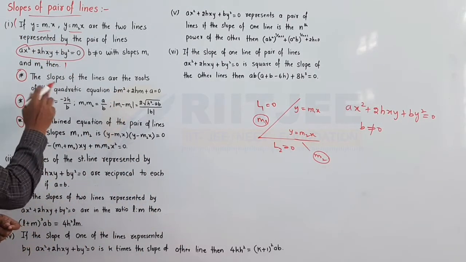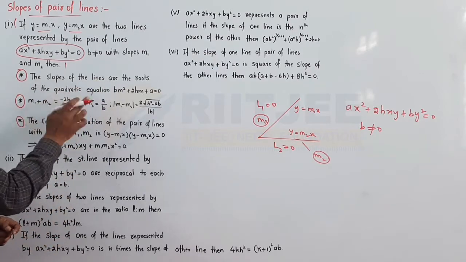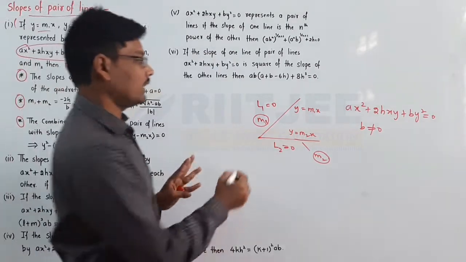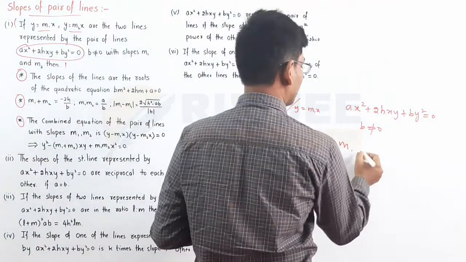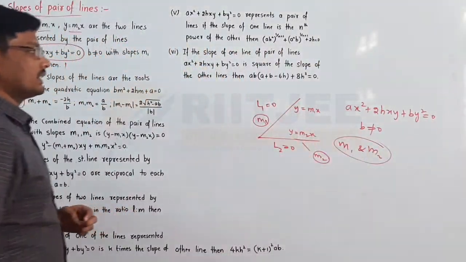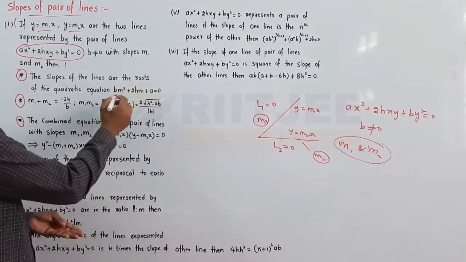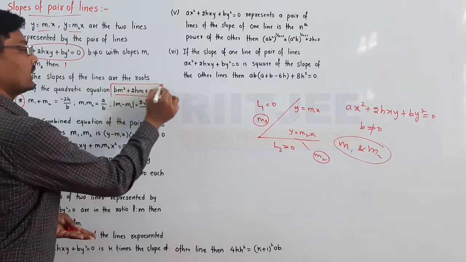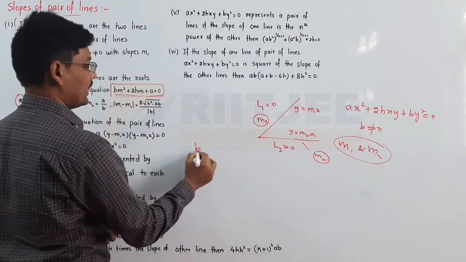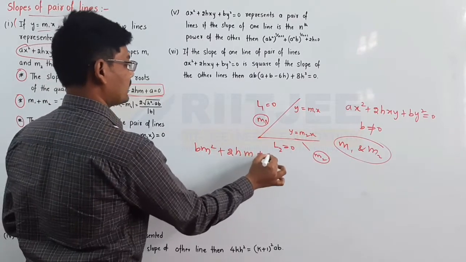The first point in that one is that the slopes of the lines are roots of a quadratic equation. Here the slopes m1 and m2 are the slopes of the two straight lines, and the equation of slopes in quadratic form is bm square plus 2hm plus a is equal to 0.